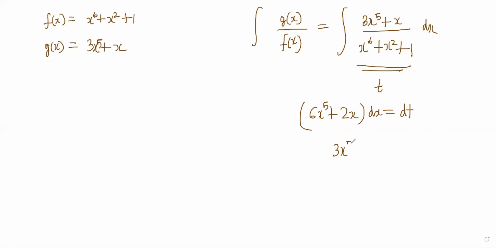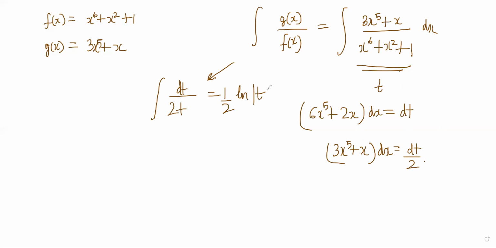So 3x power 5 plus x dx becomes dt by 2, right? So this integral can be evaluated like this, dt by 2t, so half ln t, right? So basically the question becomes easy once you have figured out how to do the original integral from where you get the polynomial functions g of x and f of x, right? Okay, so let's move on to the next one, which is this question.